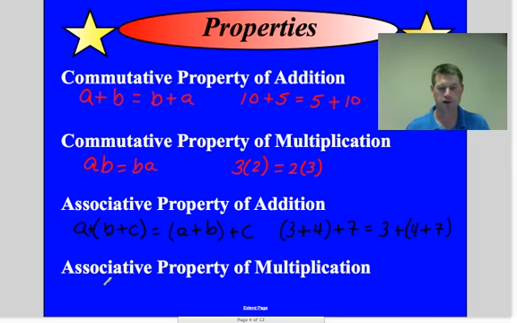The last one down here, associative property of multiplication, is the same way. Okay, it is A times B times C. Okay, and that's equivalent to taking A times B together and then multiplying by C. Okay, so an example of that would be like 2 times 5 times 4 is going to be equivalent to 2 times 5 times 4, with parentheses around the 2 times 5.